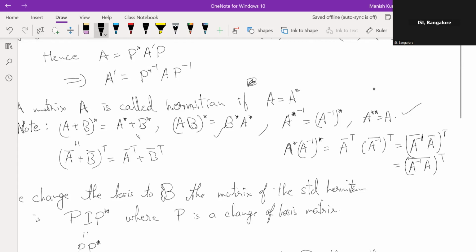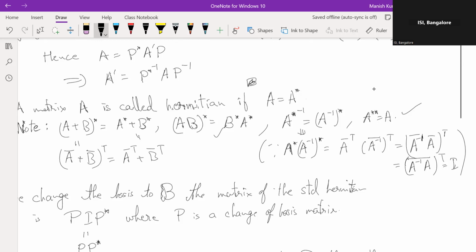But A inverse A is identity, and taking bar of identity is identity because it consists of only real numbers, and transpose of identity is also identity. So you get identity. Okay, makes sense. So taking the inverse of the adjoint is the same as first taking the inverse and then doing the adjoint.